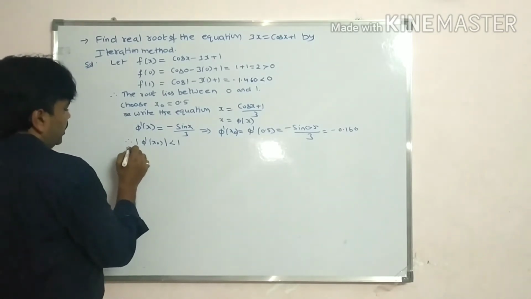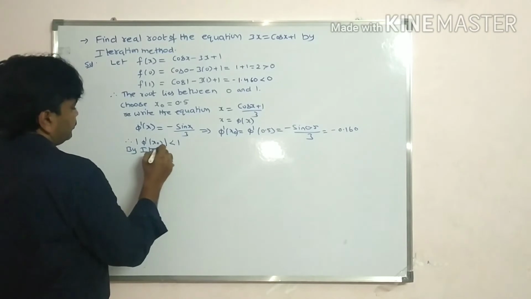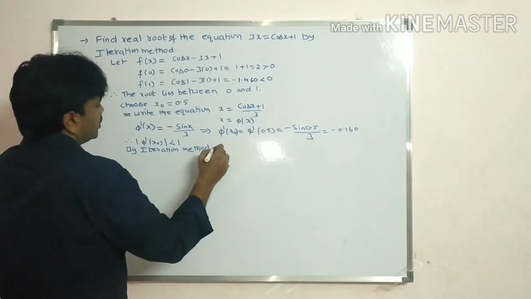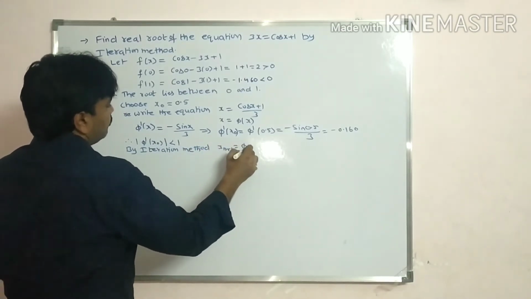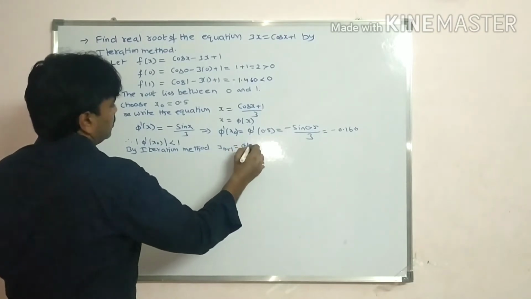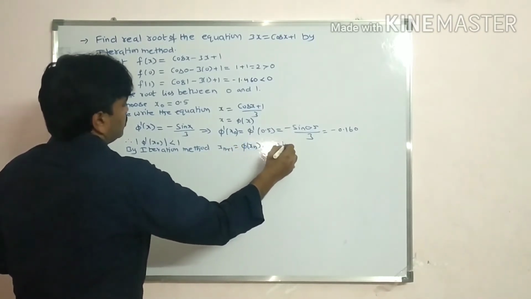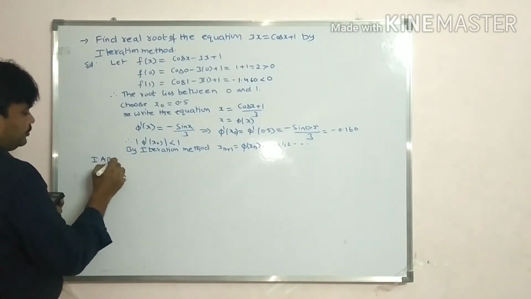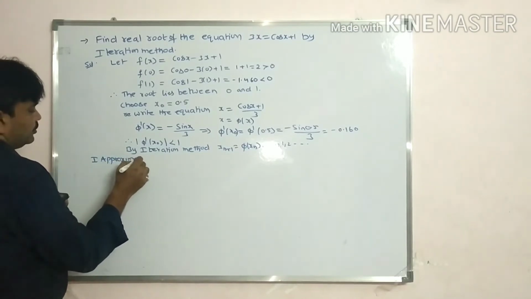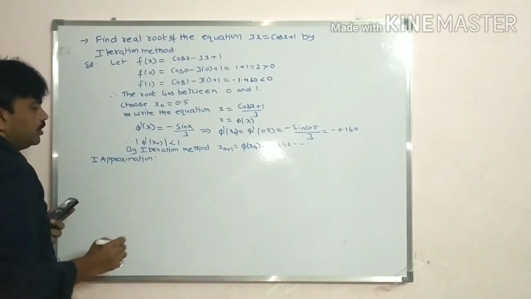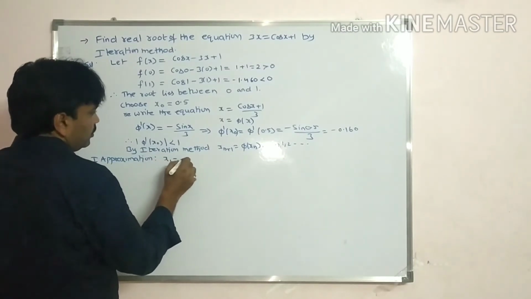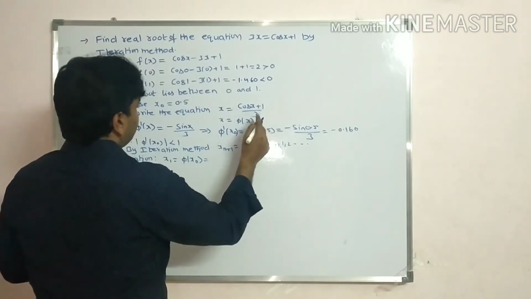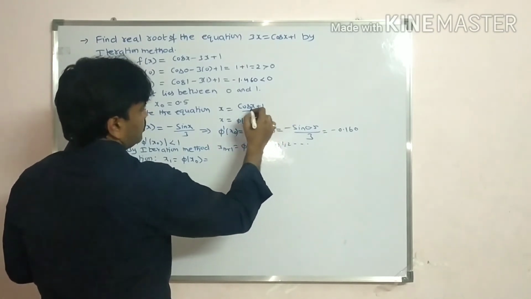Therefore by the iteration method, what is the iteration method, students? x(n+1) is equal to phi of xn, where n is equal to 0, 1, 2 and so on. Now you go to the first approximation, students. What is the first approximation? x1 is equal to phi of x naught, where phi is (cos x plus 1) by 3.